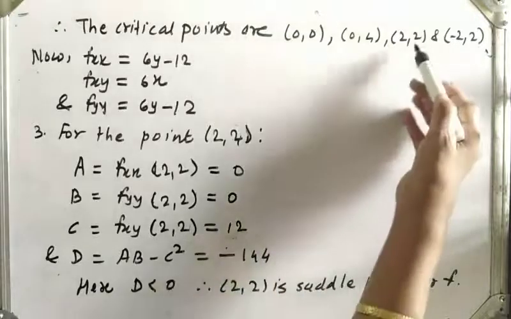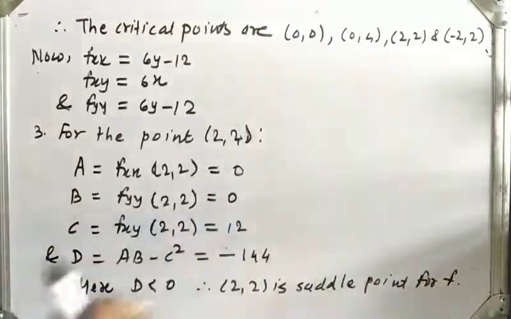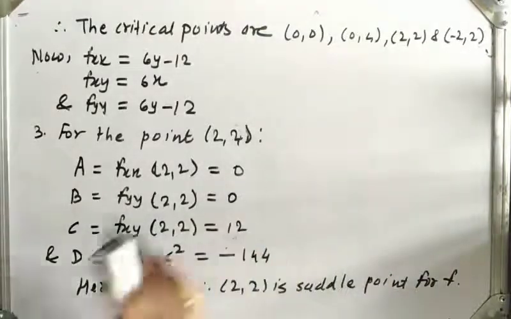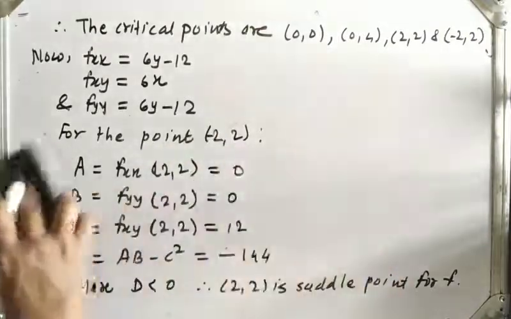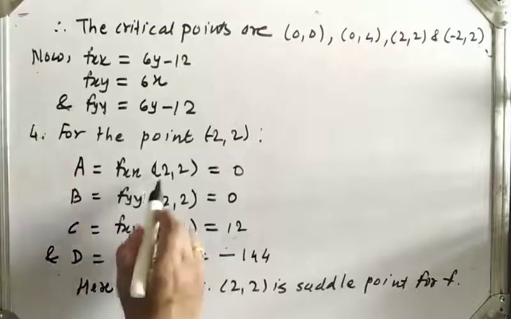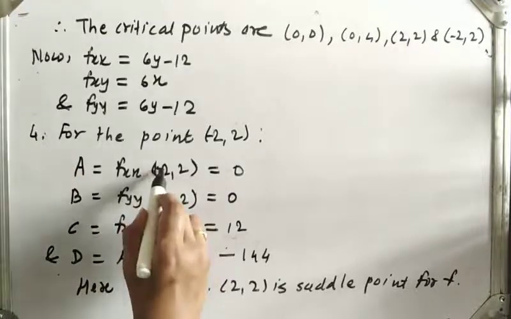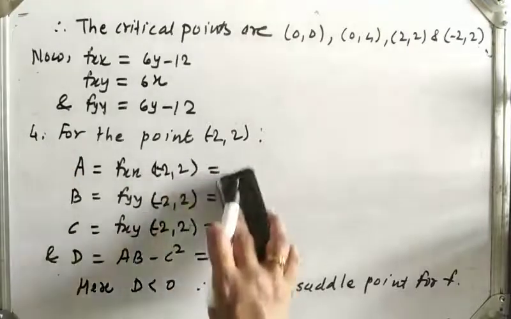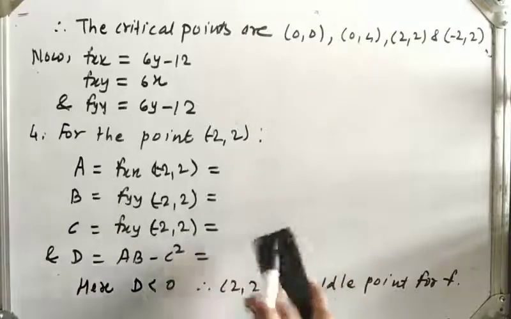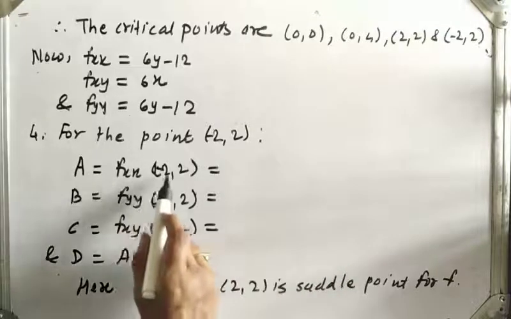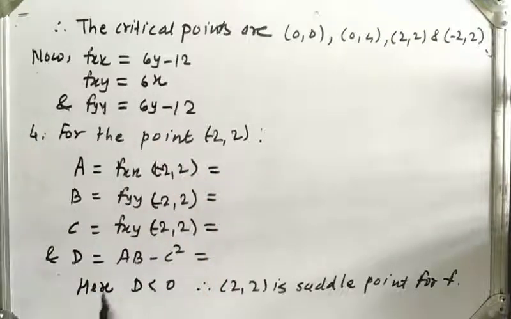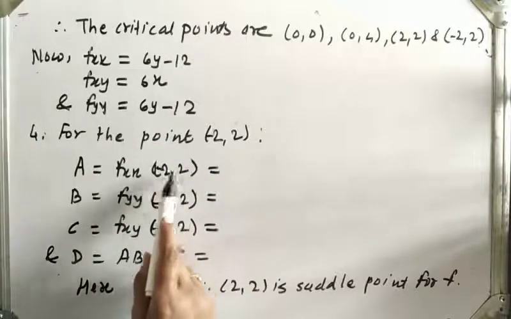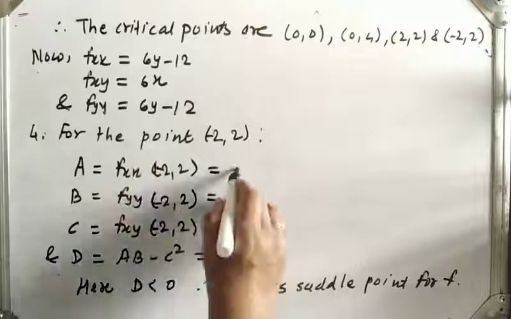Now for the fourth critical point, minus 2 2. So fxx at minus 2 2: y is 2, so 12 minus 12, 0.